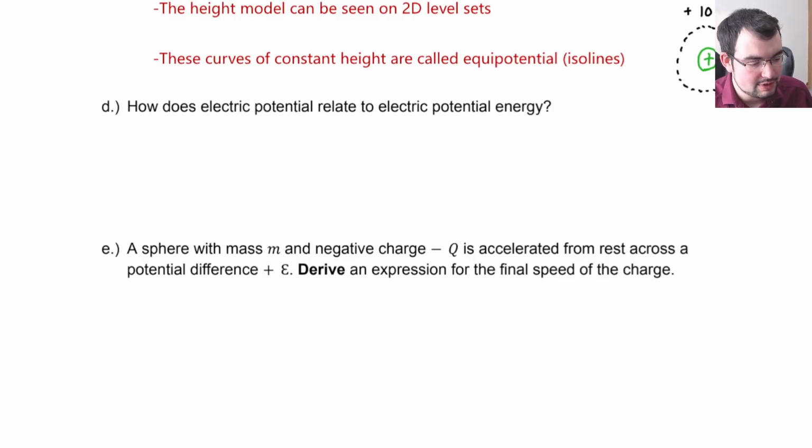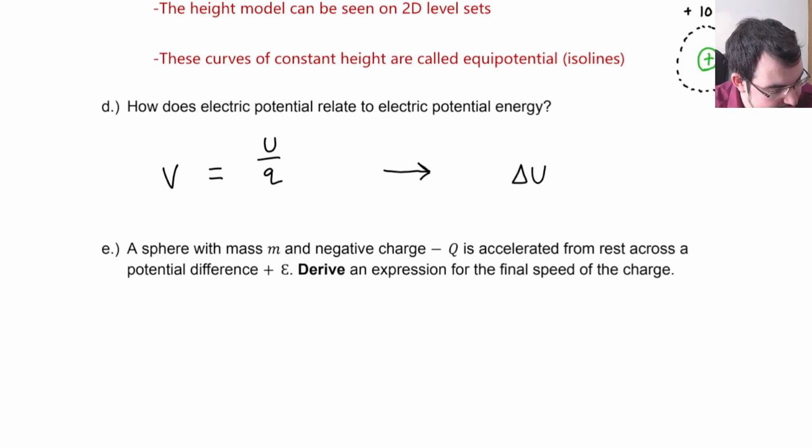How does potential relate to electric potential energy? Well, we have two versions of this. We say that the potential is the energy per unit charge, but what we really use for conservation is this fact that your potential energy change is equal to Q times your potential difference.